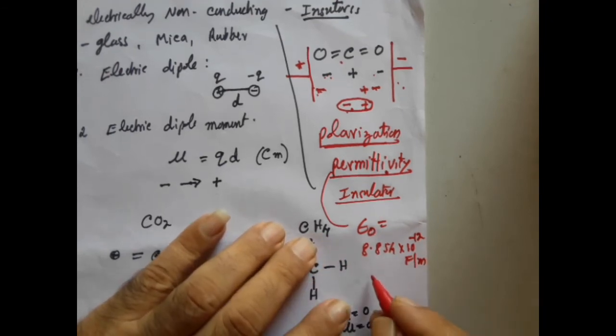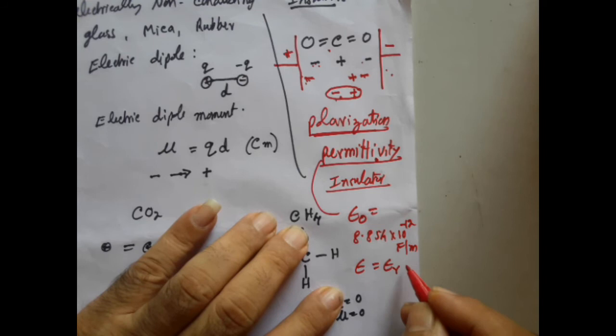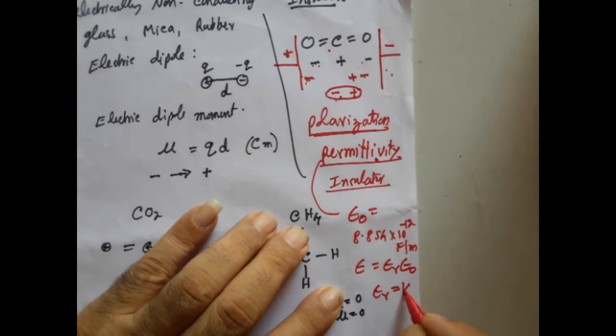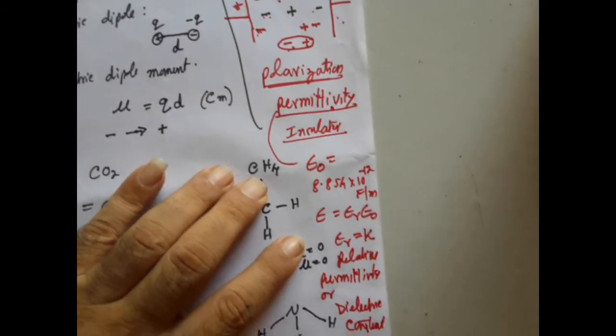But for other media, we simply write it as epsilon, and that epsilon can be written as epsilon r into epsilon naught, and this epsilon r, also taken as K, is named the relative permittivity of the medium, or it is also called the dielectric constant of the material.